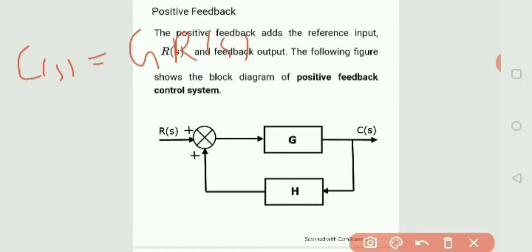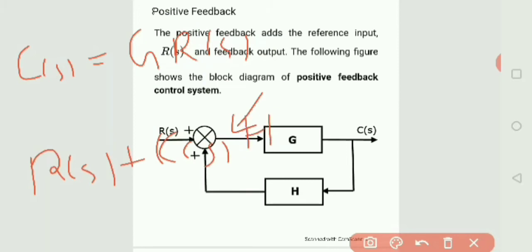At this point, as we calculated from a previous slide, the signal is R(S) plus C(S) into H into gain.